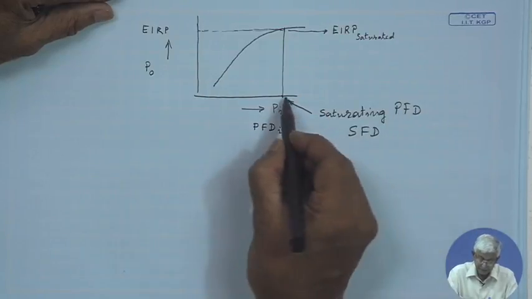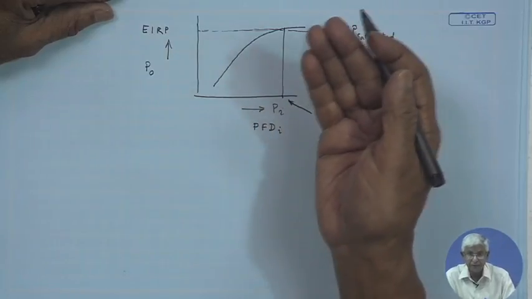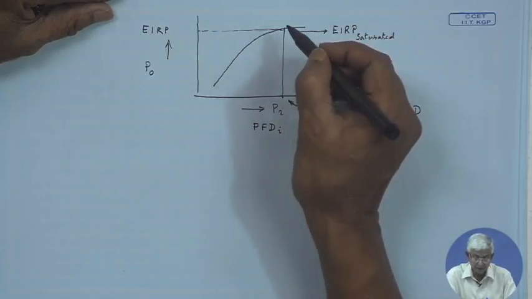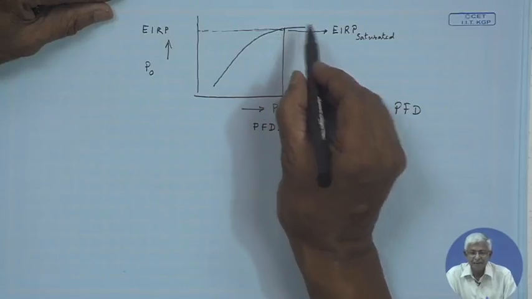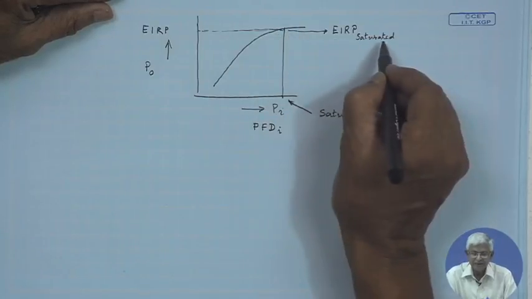That means the amount of power flux density coming at the input of the satellite, for which the corresponding output of the satellite is maximum EIRP or saturated EIRP.